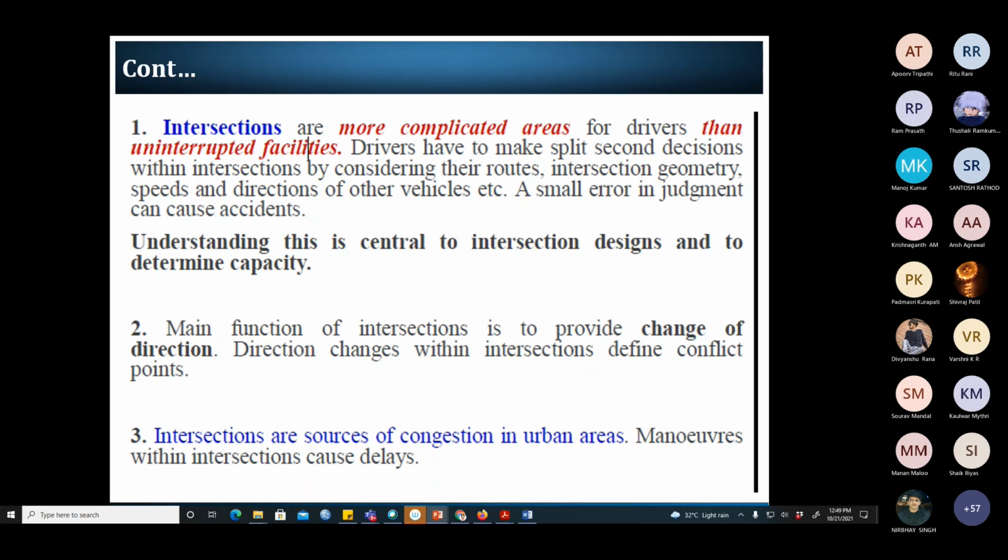To avoid those things, we provide various levels of facilities, and the ultimate higher level facility is nothing but the grade separated one, where the issues are all rectified.